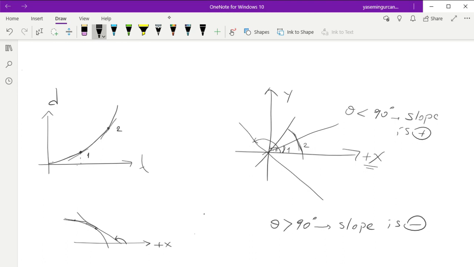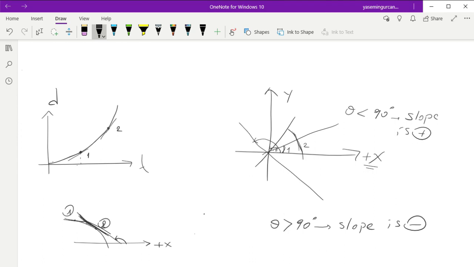Therefore, in this case, if you call this 1 and this 2, then in time your slope is increasing because it's getting steeper.